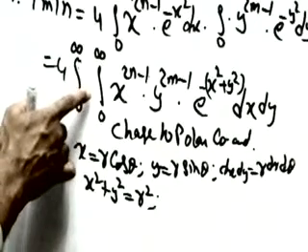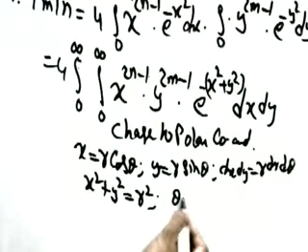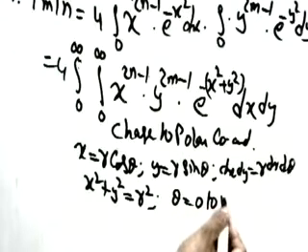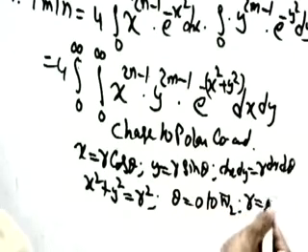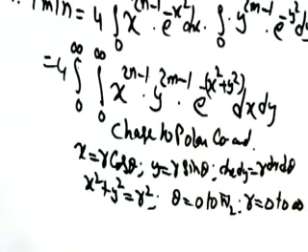Now what about the limits? This is x, this is y. Just now explained, this is the first quadrant. So for the first quadrant, theta will be from 0 to pi by 2 and r will be from 0 to infinity.